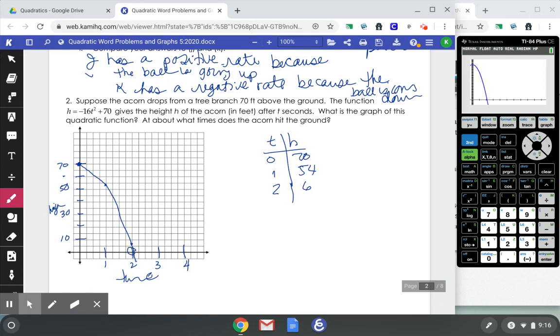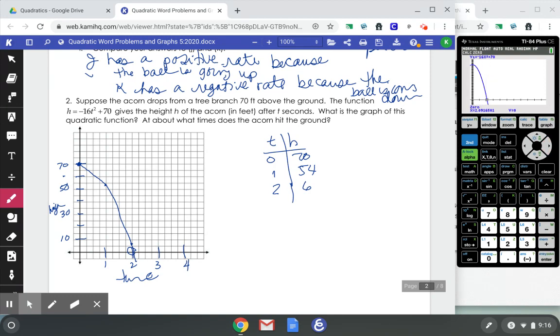So I'm going to go into my calculator, and again, I am going to find that point, the 0. There it is.